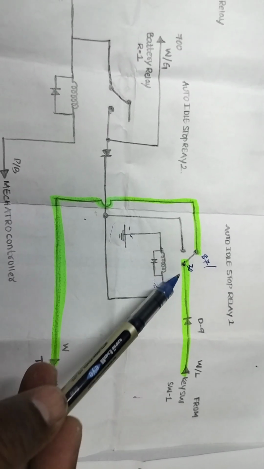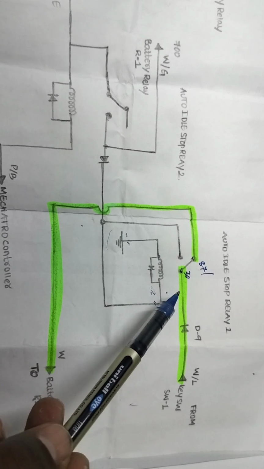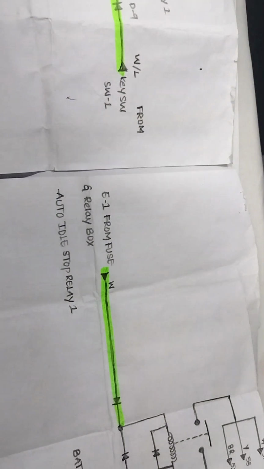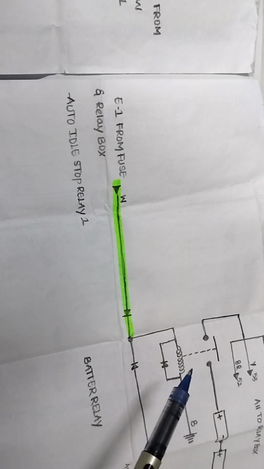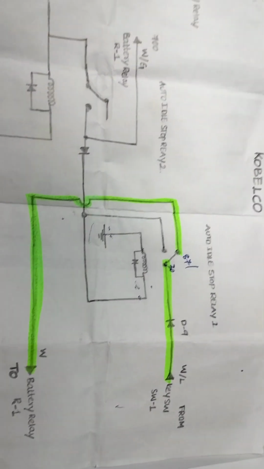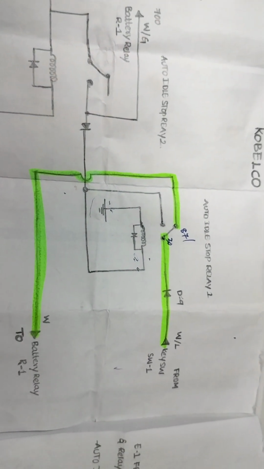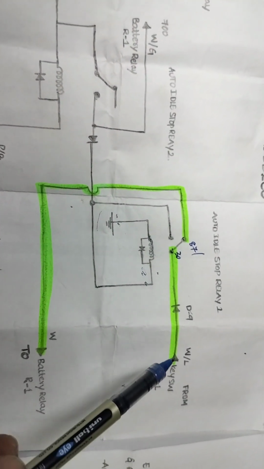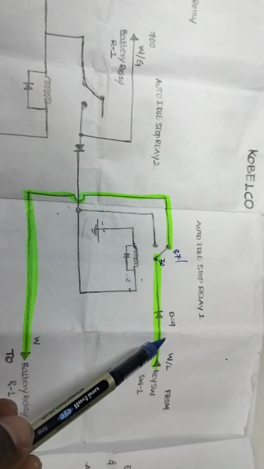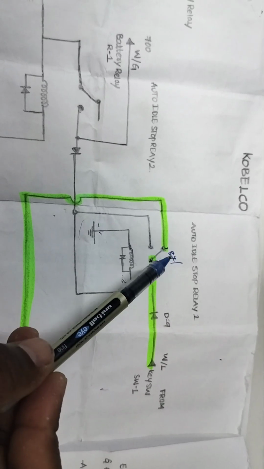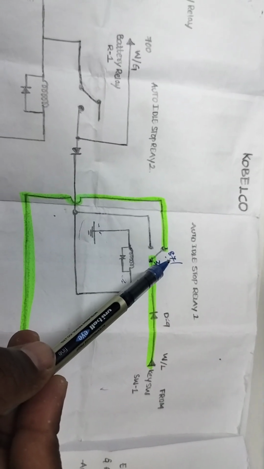But as per this diagram, we do not need to switch on this relay to get the battery relay supply. I hope you understand. From here the supply goes through this diode to terminal 30 and terminal 87, as per the standards.